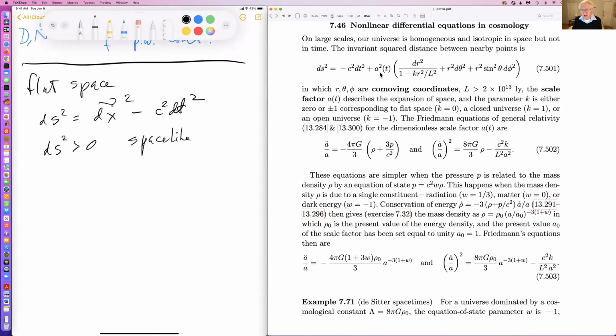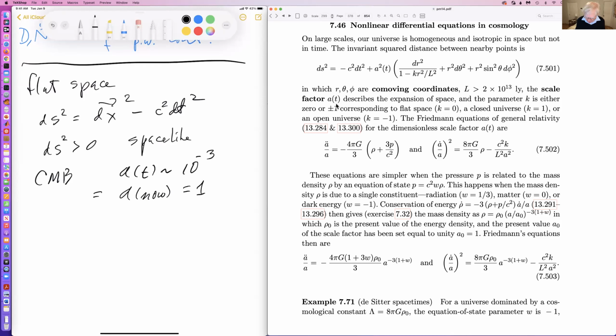Here, A is the very important scale factor, and this is something that was very tiny right after the Big Bang, and then expanded. At the time of the CMB, A of t was something like 10 to the minus 3, and we say that A of now is equal to 1.